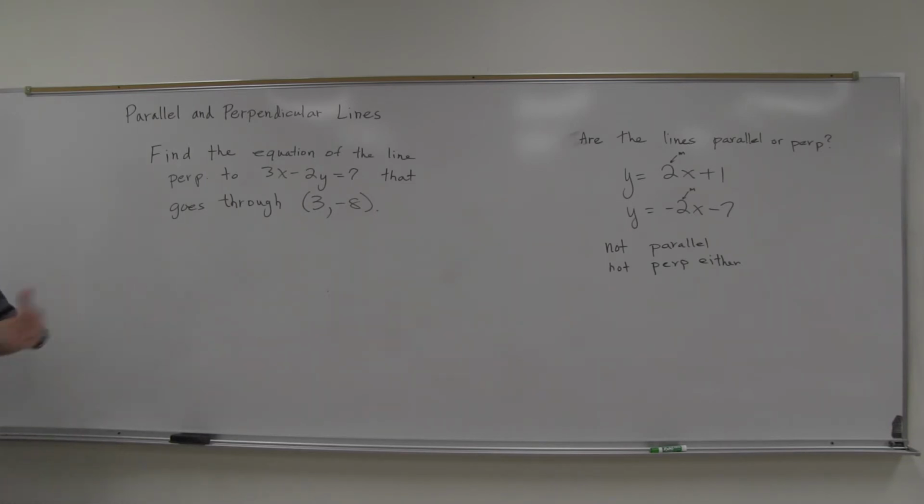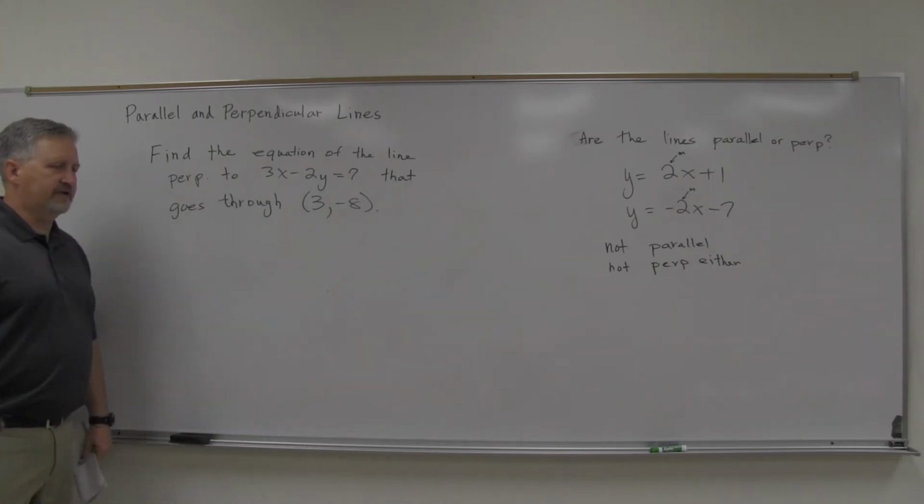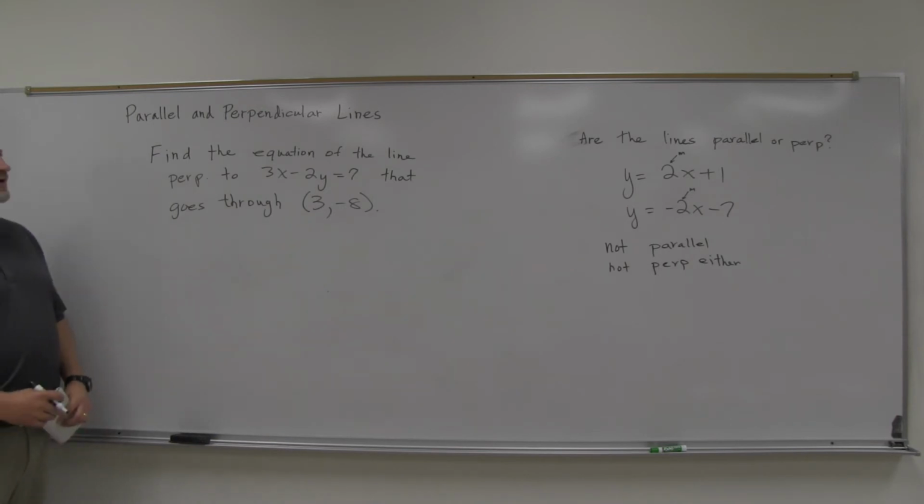So essentially, same as we were doing before, just adding an extra step and actually finding the equation of the line perpendicular. It could be parallel, but I chose to do perpendicular here.